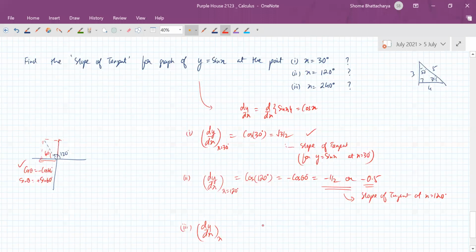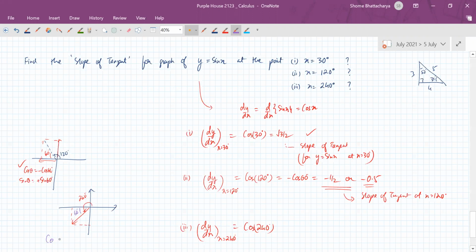And likewise, that's cos of 240. So 240 you will again visualize as 180 plus 60. So now we are in the third quadrant. When this is 240, you can see that this angle here is 60.